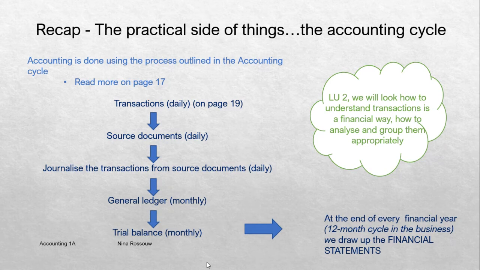The accounting cycle is the process that we follow when we capture or write down financial information and record it to get to our financial statements. So the first thing, we've got a transaction. Now, a transaction, for example, is when you bought your Coke or your bread or your milk at the shop.